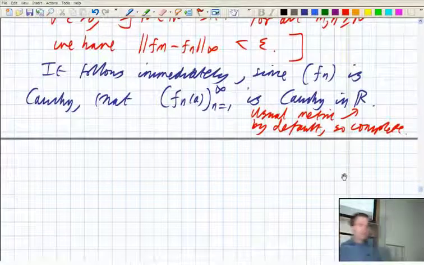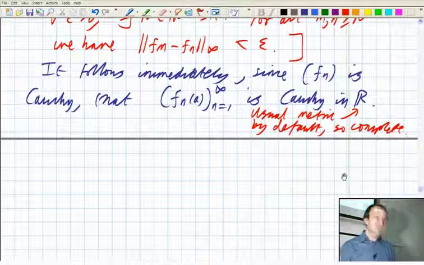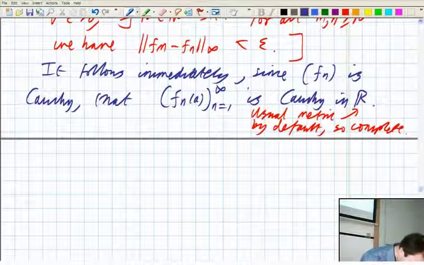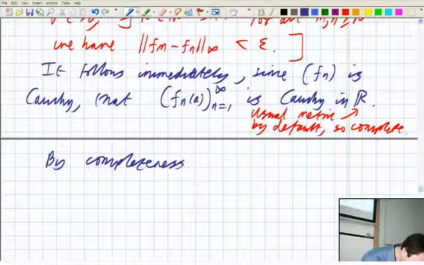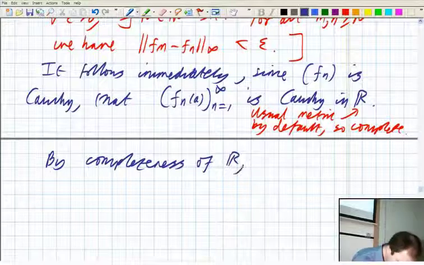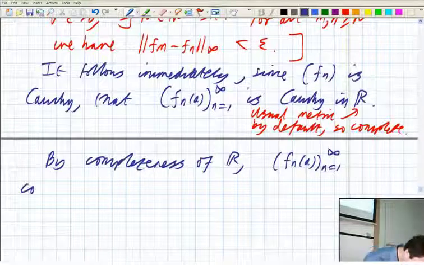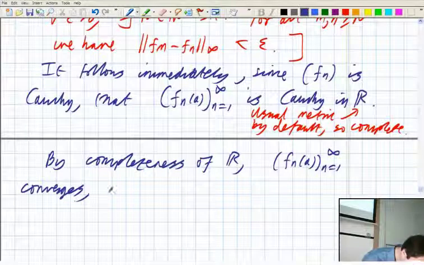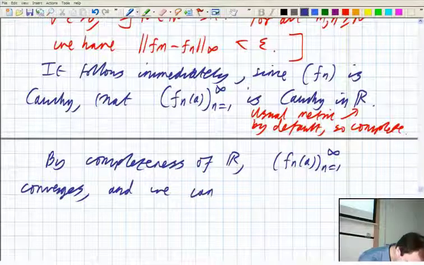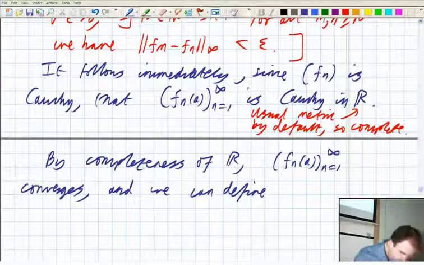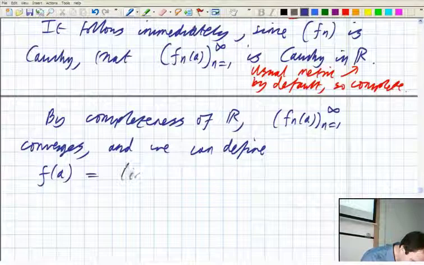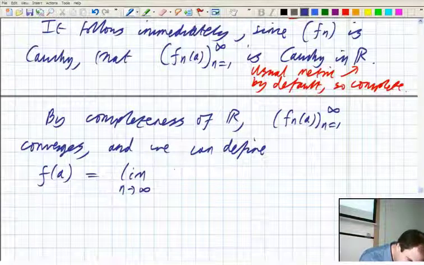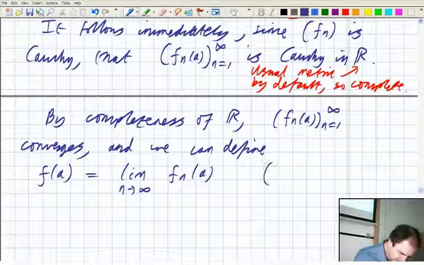So, by the completeness of R, this sequence converges in R. And we can define f of a equals the limit as n tends to infinity of fn of a, where a is any point of [0, 1].